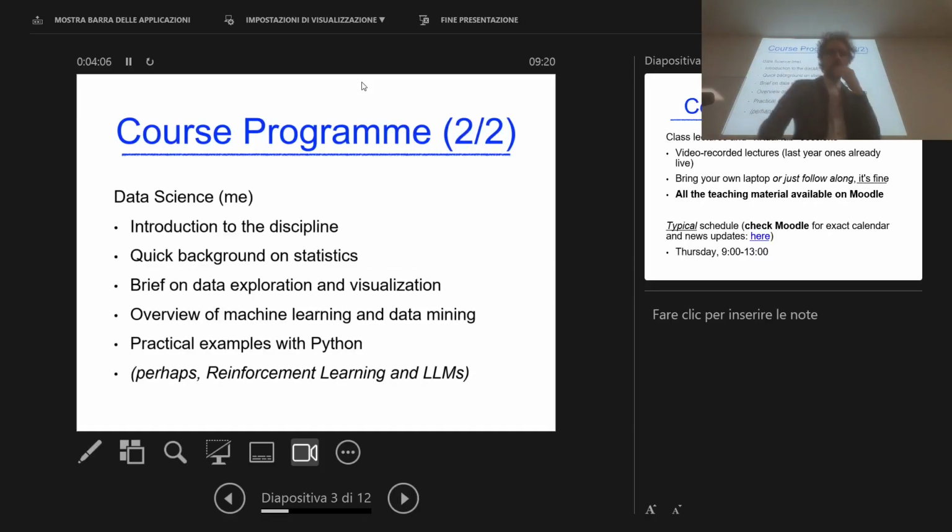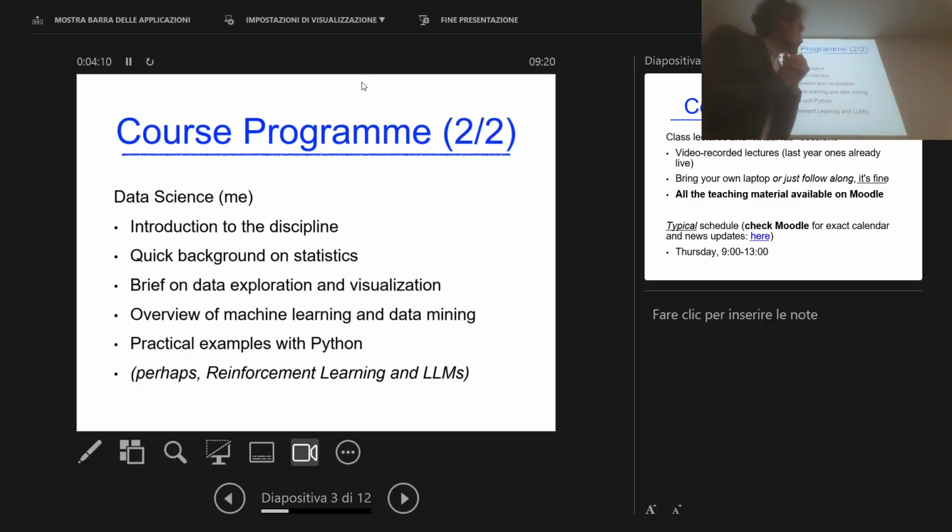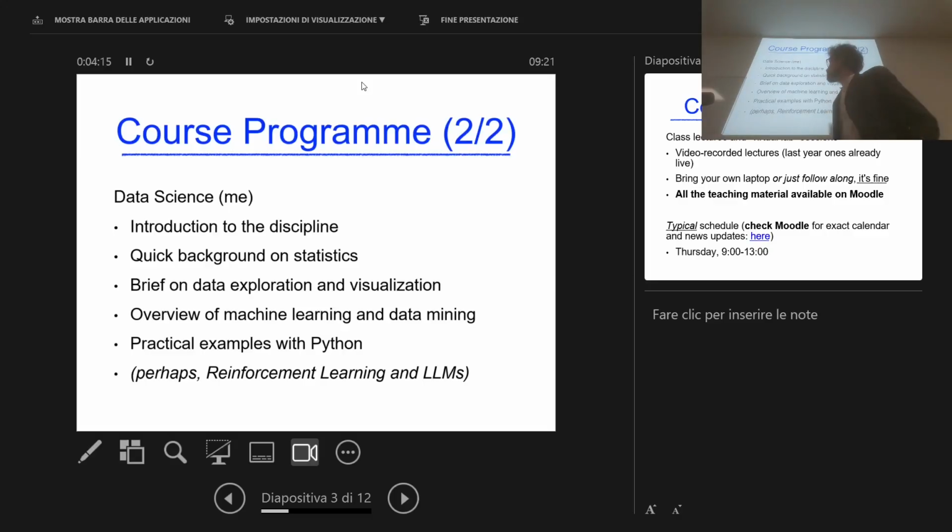So, the artificial intelligence part of the course has been already described, I guess. As far as instead the data science part is concerned, this will be basically an overview course. We will not go vertically into some topics, so you will not become expert in any of these topics. You will get, let's say, a quick guide about most of the topics that are relevant to data science.